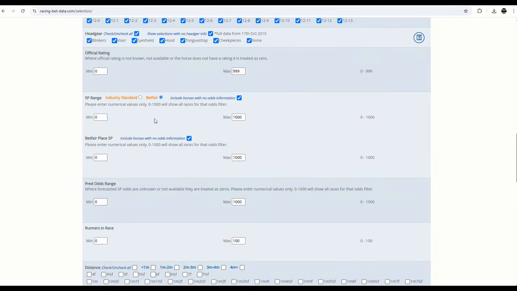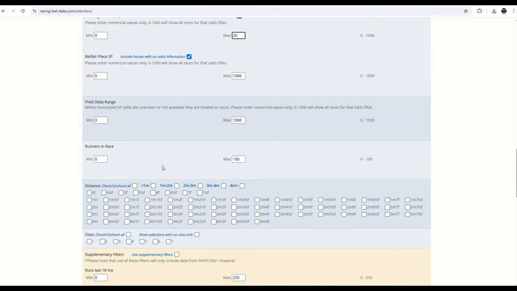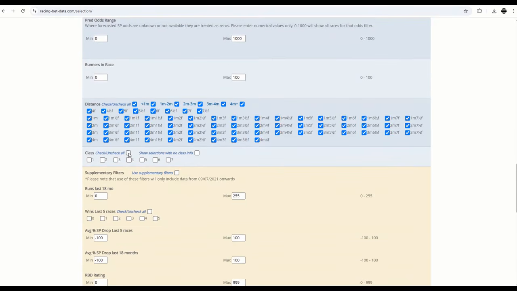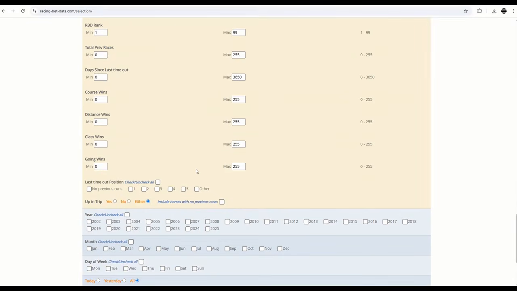SP range is Betfair, and the range was up to 20. All of these, and then we didn't use the supplementary filters in this instance.